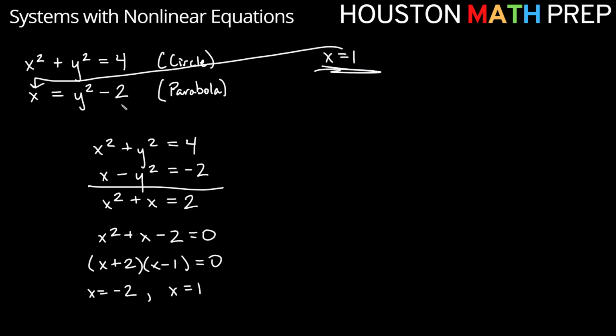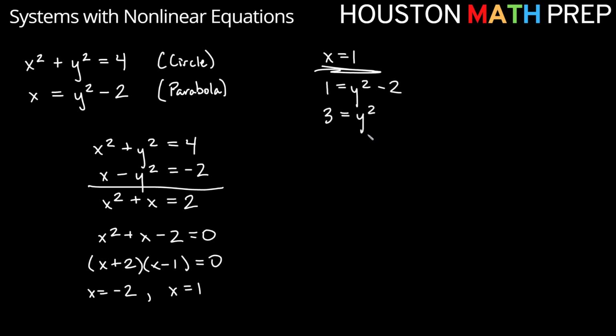So here 1 is equal to y squared minus 2. If I add the 2 over to the other side, then that will give me 3 is equal to y squared. And then square rooting both sides, the side that doesn't have the square gets plus minus. So this is actually plus minus root 3, right?